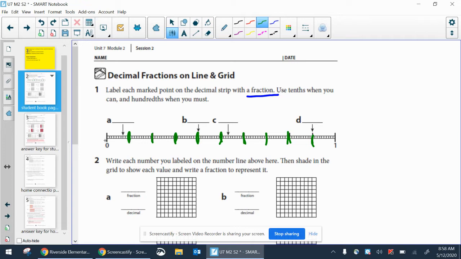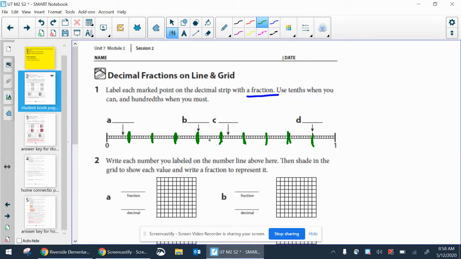And I'm also noticing that it is divided into smaller parts, and that would be hundredths, because here would be 1, 2, 3, 4, 5, 6, 7, 8, 9, 10, another 10 for 20, another 10 for 30, and so on and so forth.